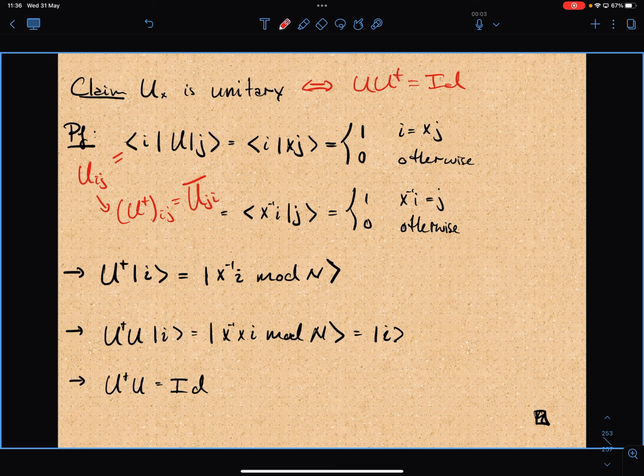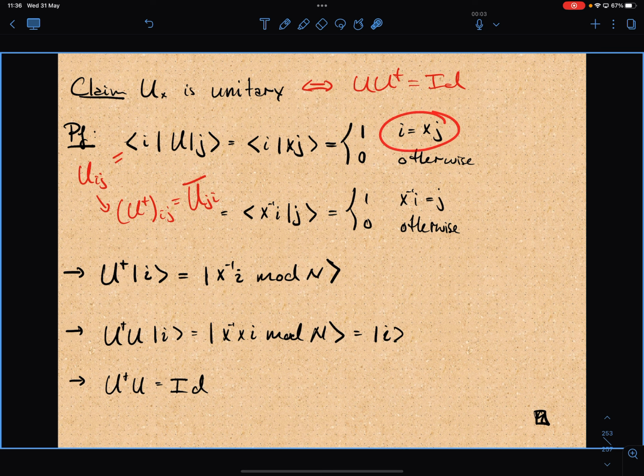So in here, I start by computing the Uij entry, and it's just multiplication by x. These are going to be basis elements, which are orthonormal, which means this is going to be either 1 or 0, and it's going to be 1 if i is equal to xj.